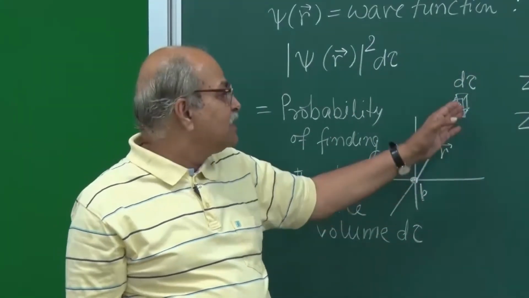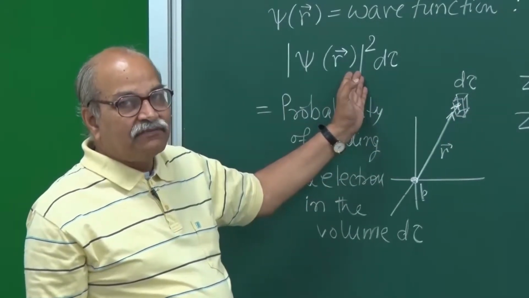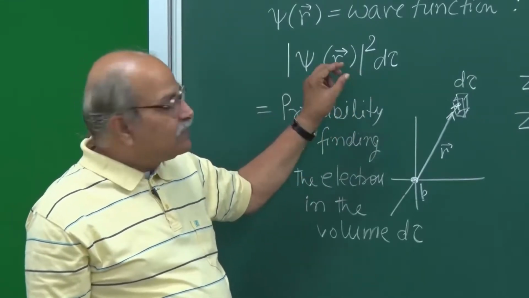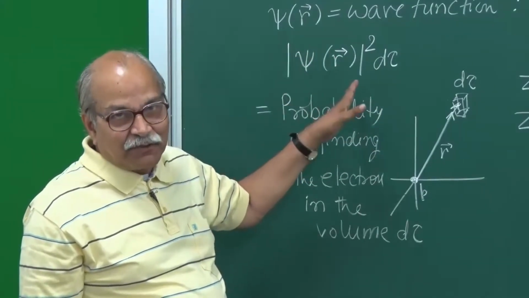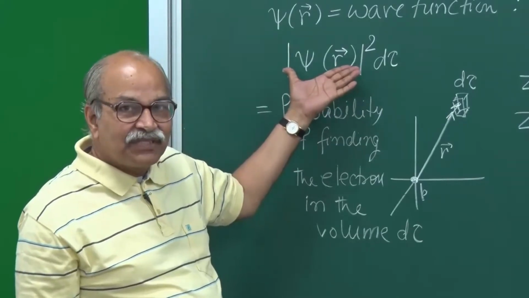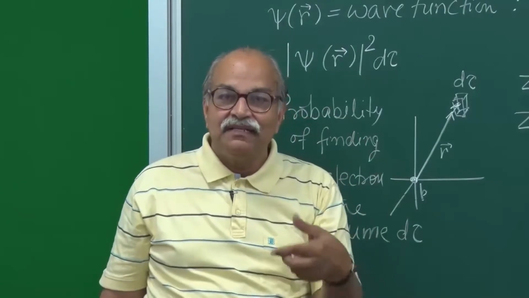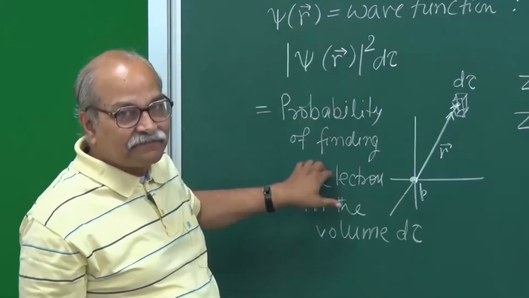If at a certain point the wave function has no finite value, suppose it is 0 at a certain point, then you say, okay, the electron will not be found there. But if this quantity is large at a certain position, then you say that in that vicinity I have a larger probability of finding the electron. So that is the meaning of this wave function.